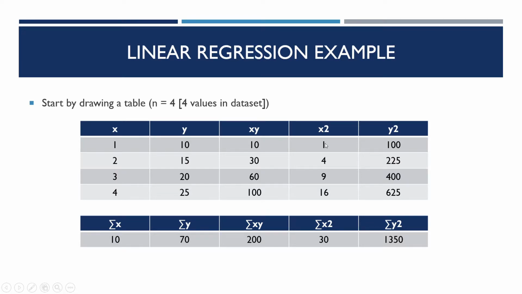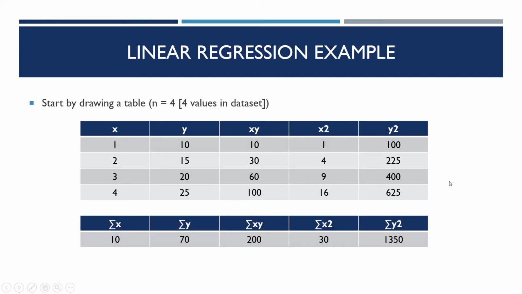And then x squared is the next one, which is literally squaring the x value. So 1 squared is 1. And then same for y squared. 10 squared is 100. And then do the same for 2. 2 times 15 is 30. 2 squared is 4, 15 squared is 225. Then you do the same for 3, and then you do the same for 4.